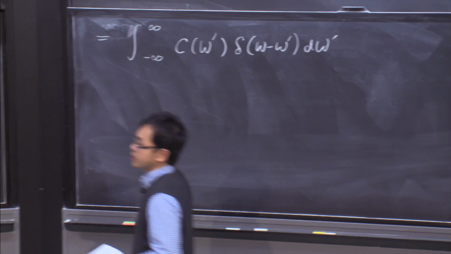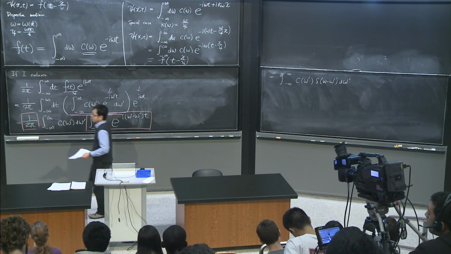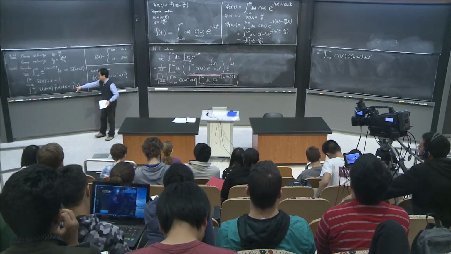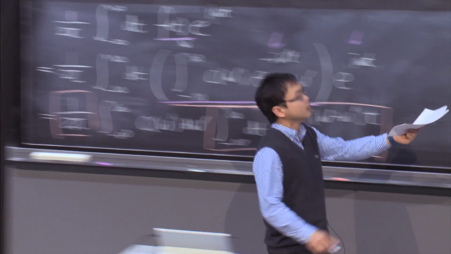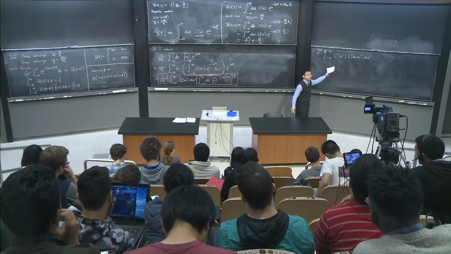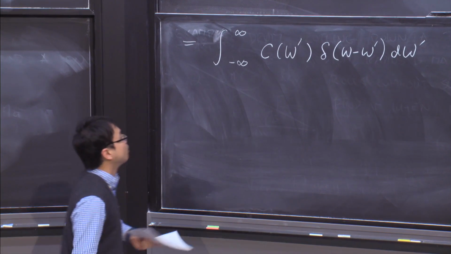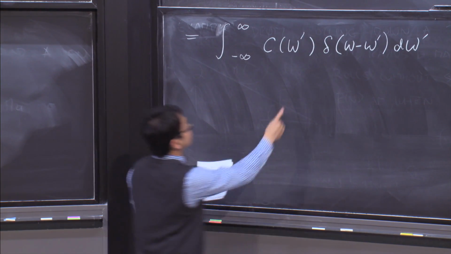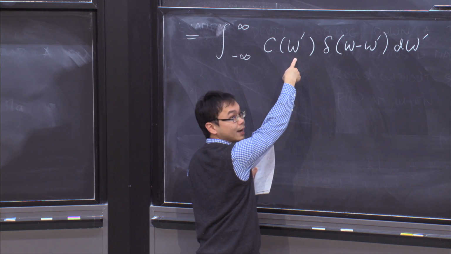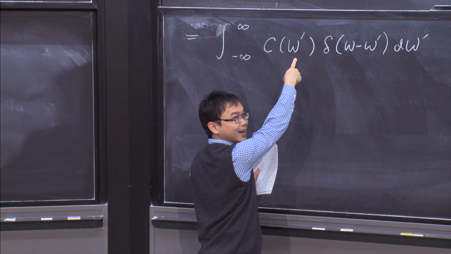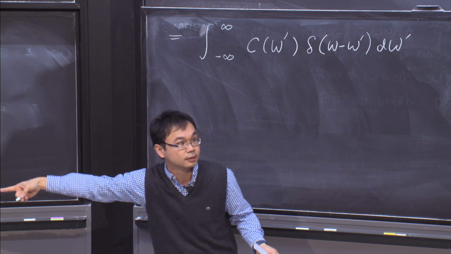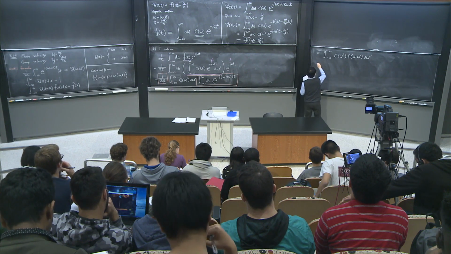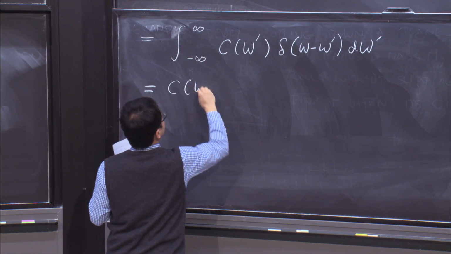And finally, I use the third formula, which I have related to the delta function. I know how to do this integration even without knowing the structure of C. This is just changing the omega prime to omega. That's what this integration does. Therefore, I get C omega.